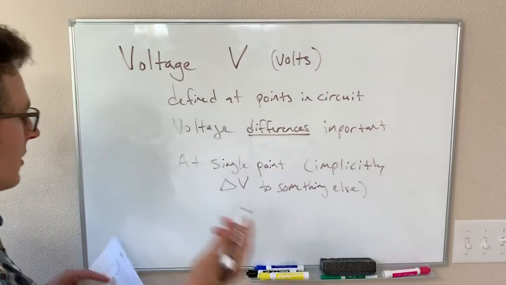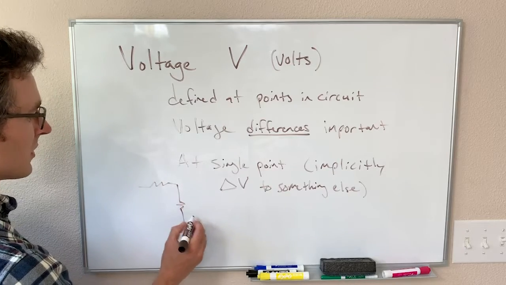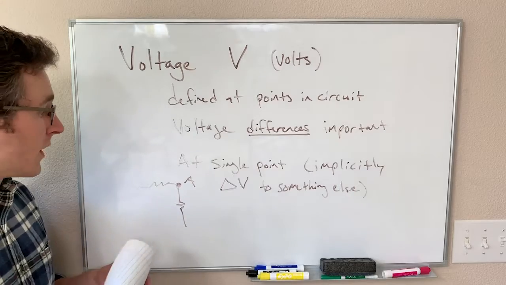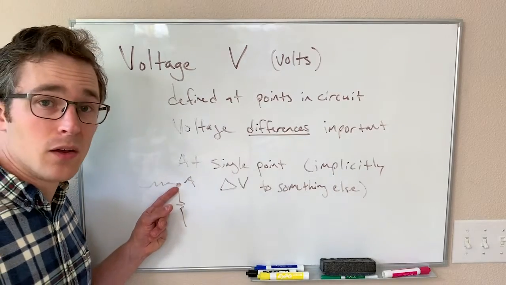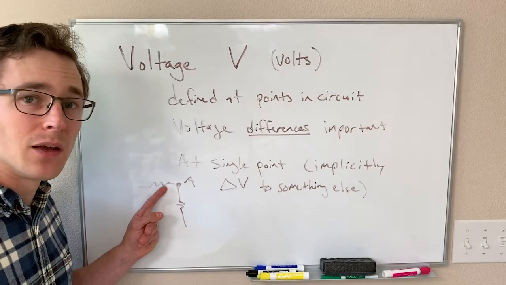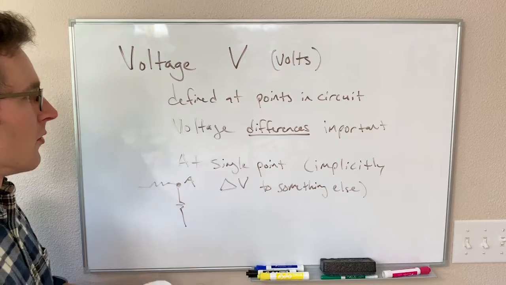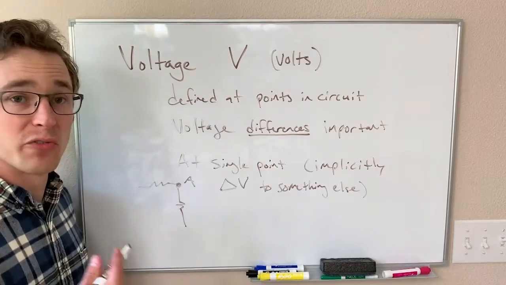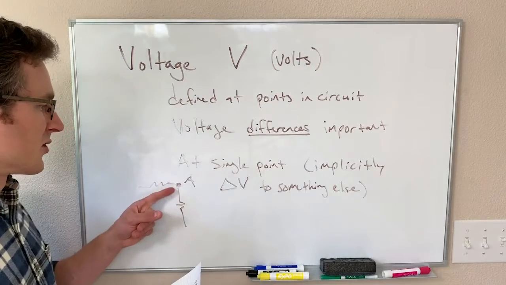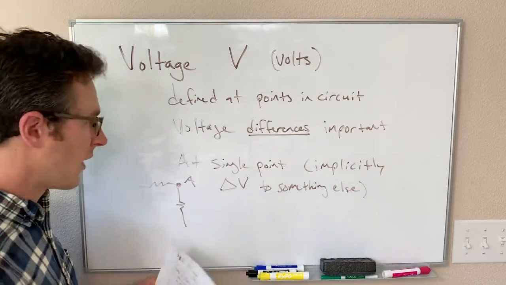So if we have some circuit, and I'm not drawing careful circuits here, and we have some point that's point A, and we say, what is the voltage at point A? What we're really asking is, what is the voltage difference between point A and the point that we have called ground? So the ground of our circuit is where we are defining the voltage is 0, so the voltage difference between some point and 0 is just going to be the voltage value at that point.